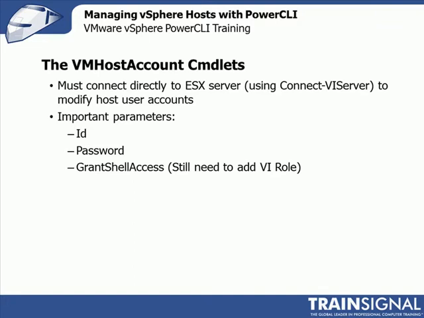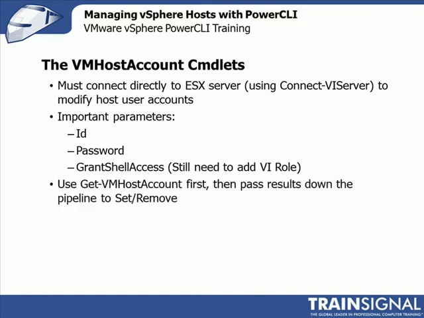Now, if this is set to true and you're on a 3.x ESX server, then you're good to go. However, if you're running vSphere 4 or later, then you're going to have to actually add a VI role to enable that shell access. This is basically just an extra layer of security there.